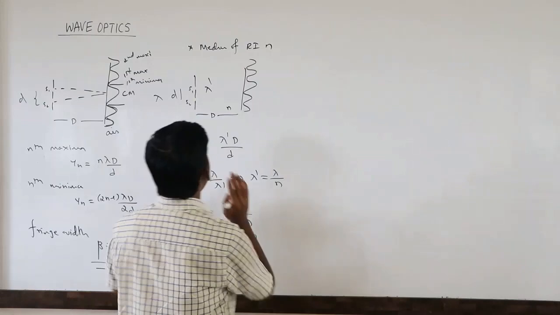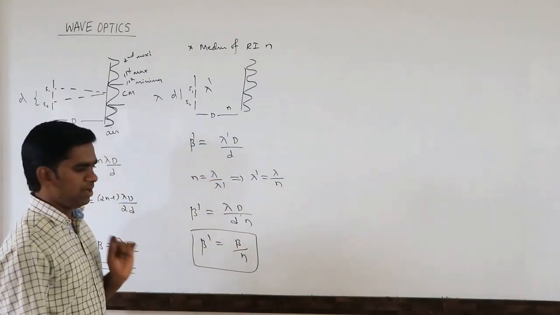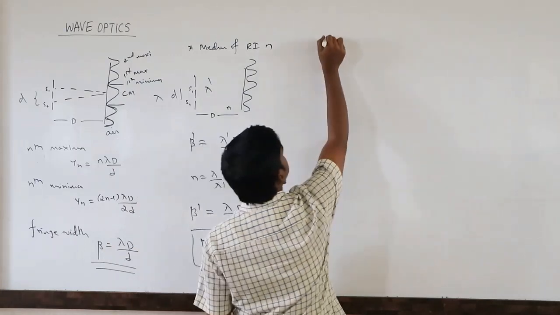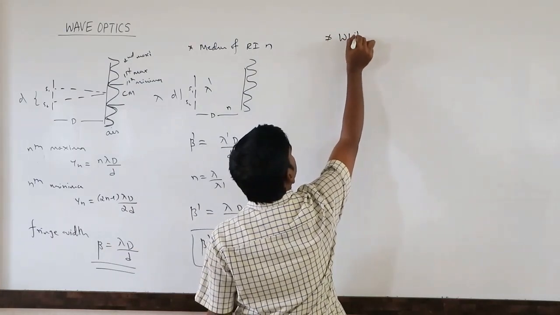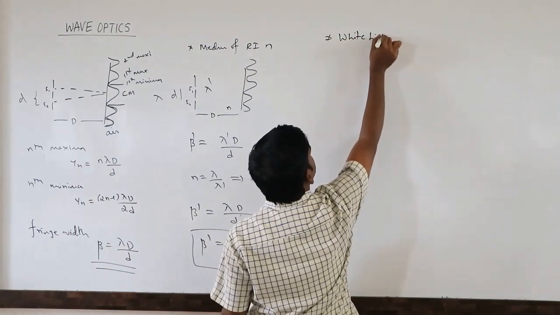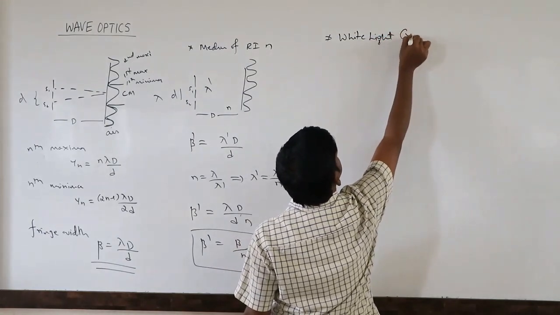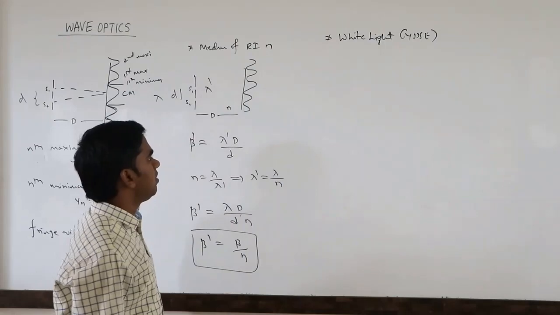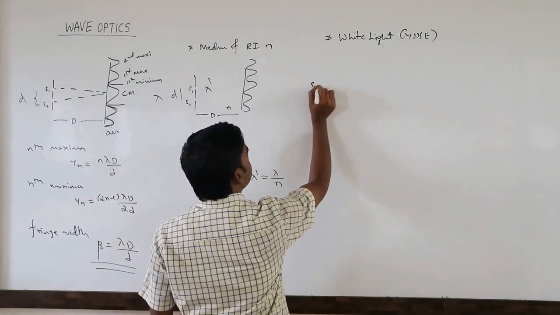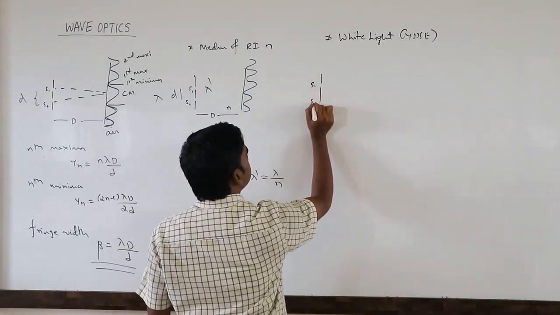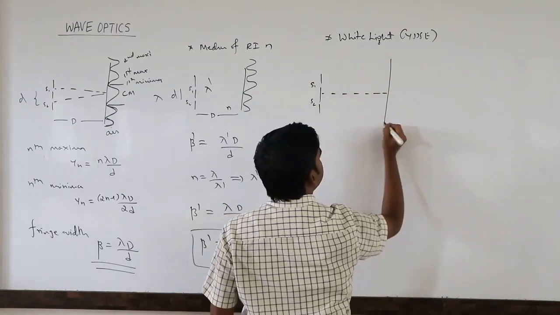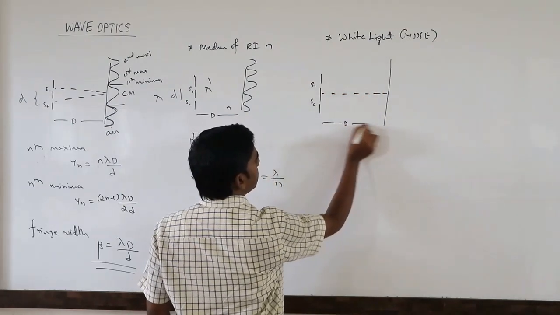So far we have taken monochromatic light. Instead of that, if we use white light in Young's double slit experiment, what will happen? Suppose this is S1 and this is S2, and this distance I will take as d.